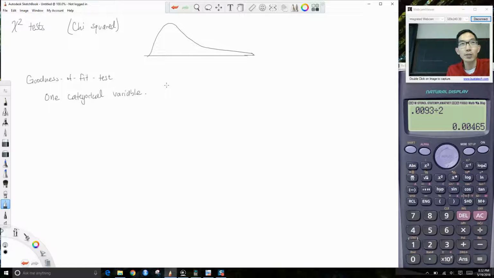We have one categorical variable, and we have proportions in mind for each of those categories. The question is, how well do these proportions fit the data that we observed?